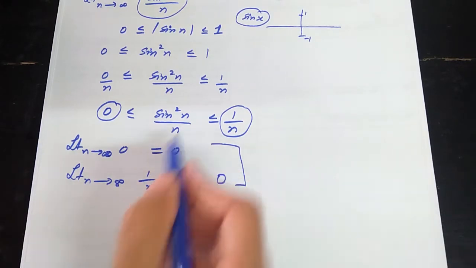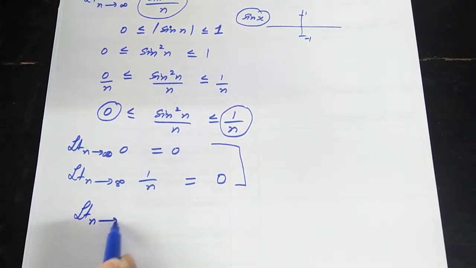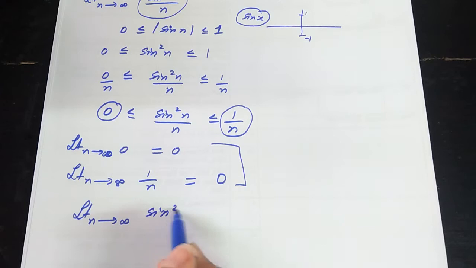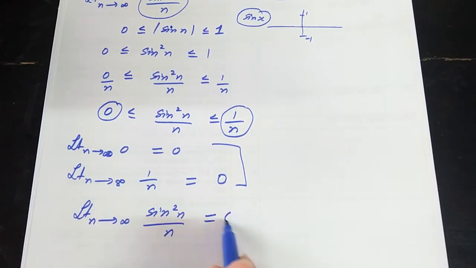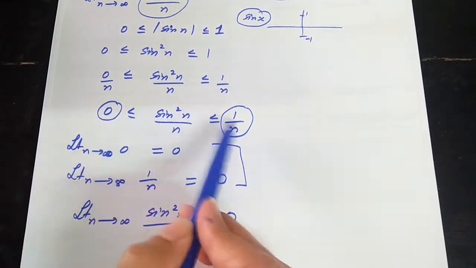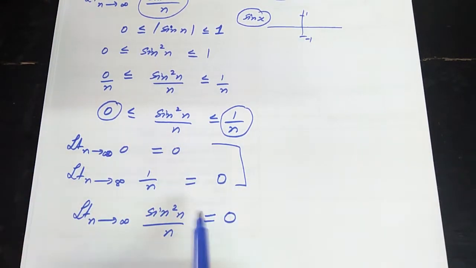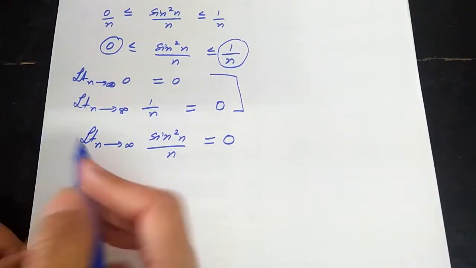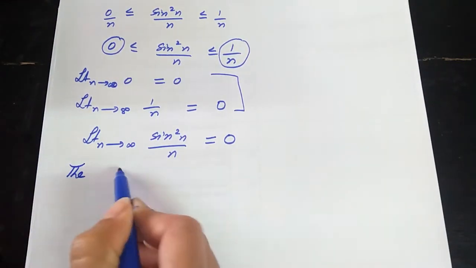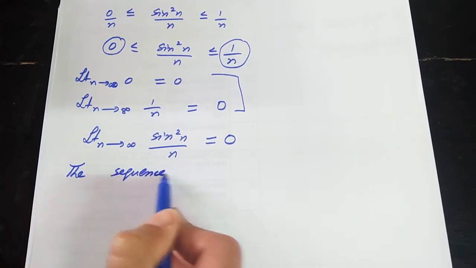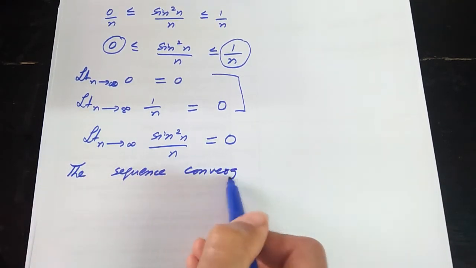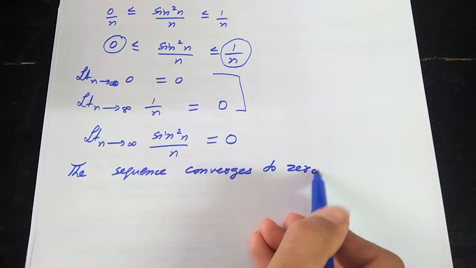It means we can write limit n approaches infinity sine square of n over n will also give us 0 by using the sandwich rule and by comparing it with the functions like this. So it gave us a defined answer of the limit, so the sequence converges to 0.